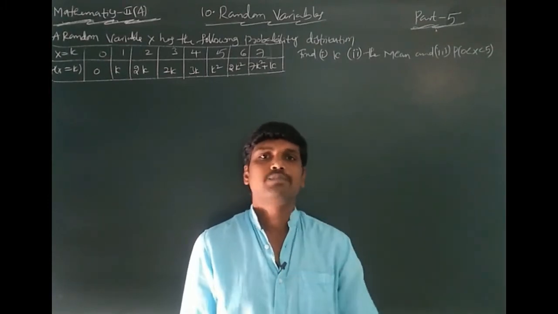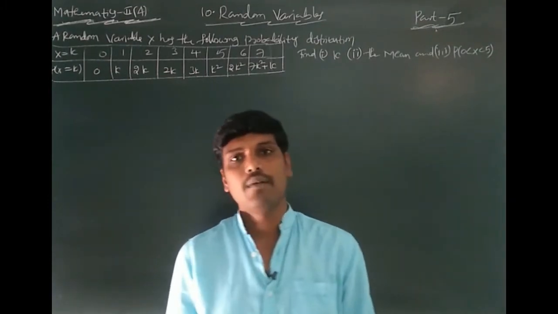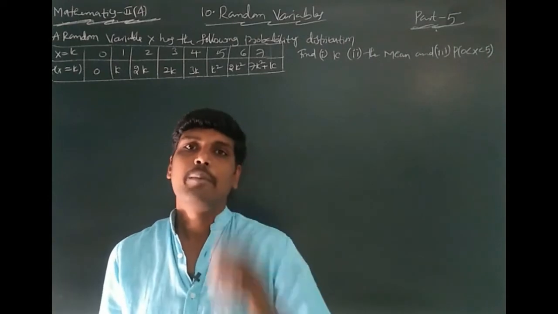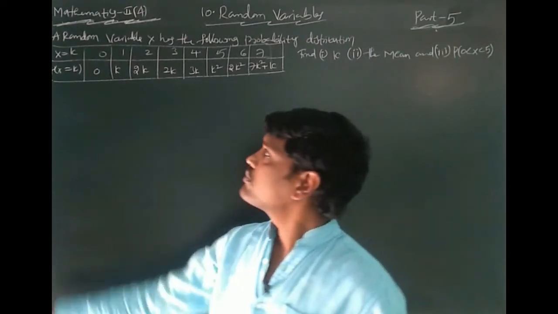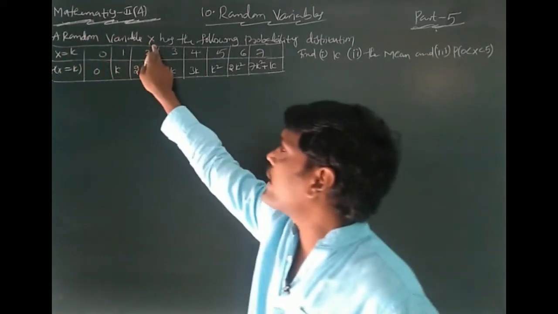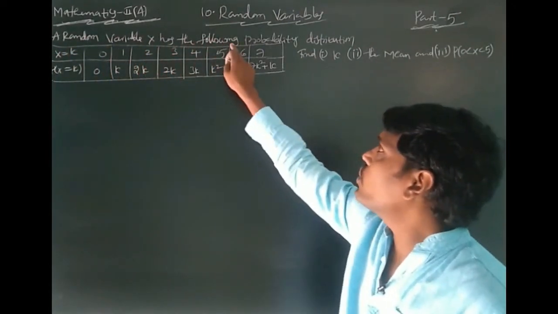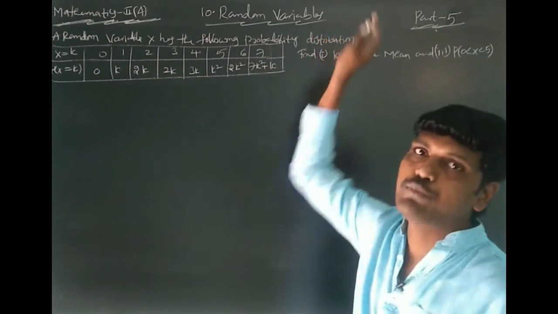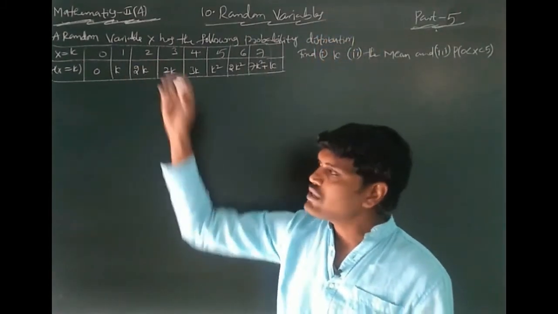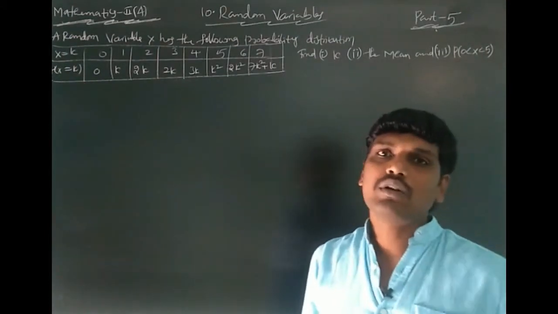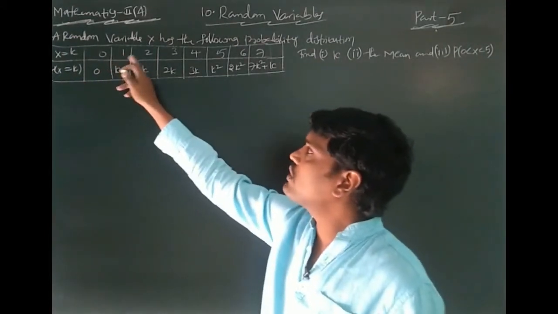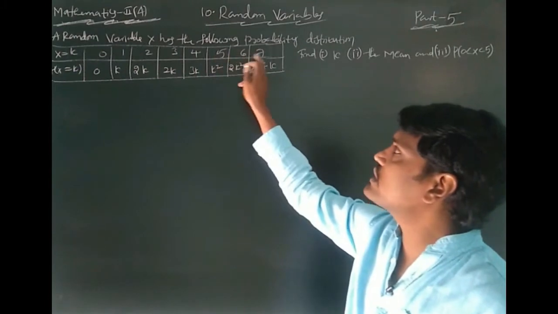Now, an important problem. Today we also explain one more important repeated problem. This type of problem is compulsory in the public examinations. What is that problem? A random variable x has the following probability distribution. Here the table is given: x is equal to k, and the probability of x equal to k. Here 0, 1, 2, 3, 4, 5, 6, 7.